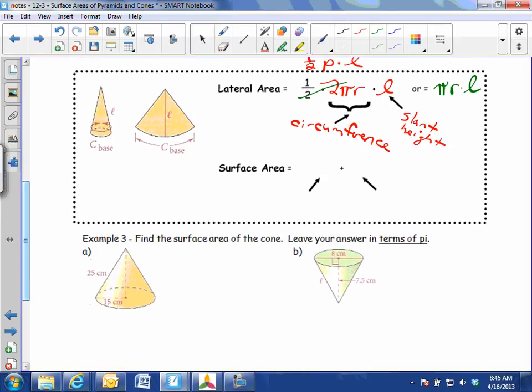Alright, so surface area. Like with a pyramid, it's going to be our lateral area, which in this case is pi r l, plus big B. Well, if our base is a circle, how do we find big B? Pi r squared.